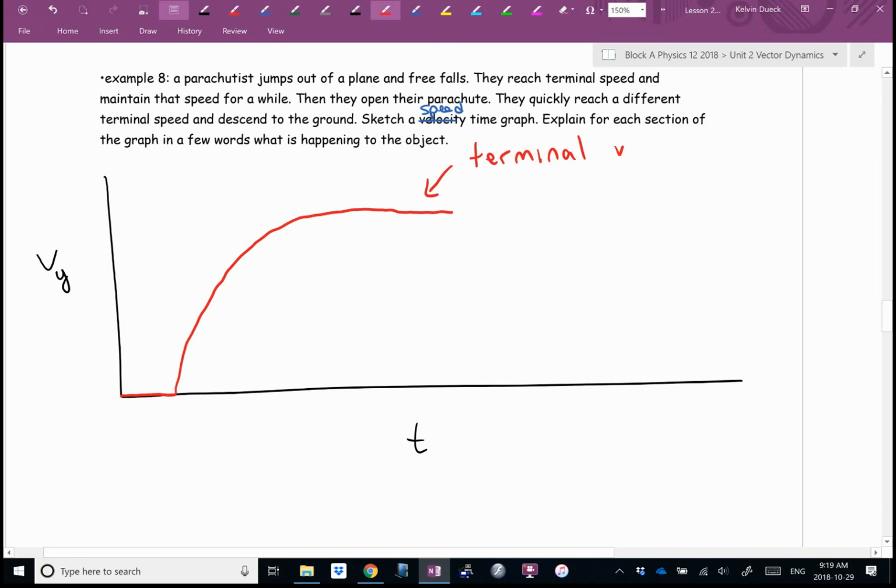I pull my parachute, now what happens? Speed up, slow down, or stay the same? Slow down. Okay, so my speed's going to drop to somewhere here. Right when I pull my parachute, is air resistance the biggest or the smallest? It's the biggest. I think it would look like this.